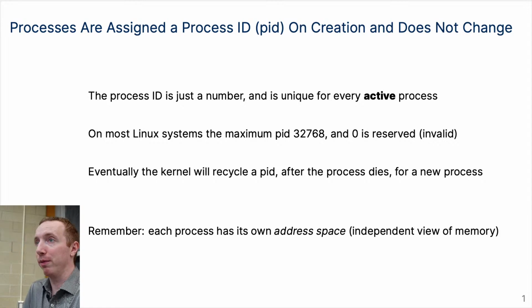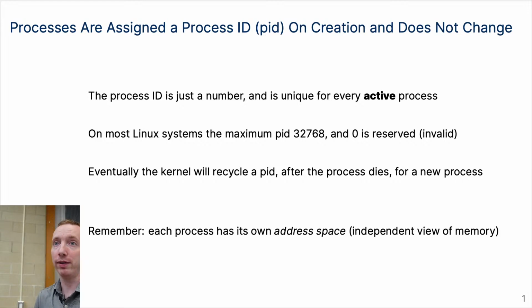On Linux, for whatever reason, the limit is 32,000. And then the number 0 is reserved as a placeholder value. And then since there's only that many processes, you might actually run through all of those numbers. So the kernel would have to recycle a process ID.